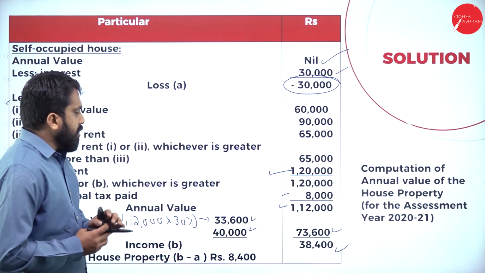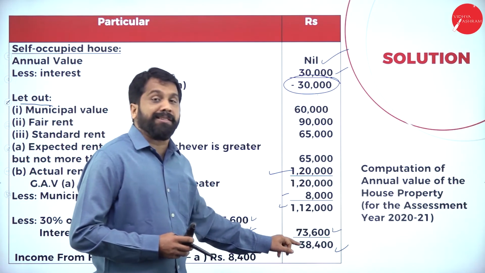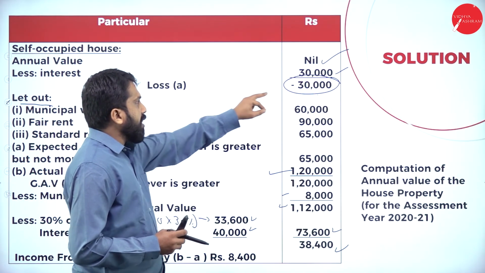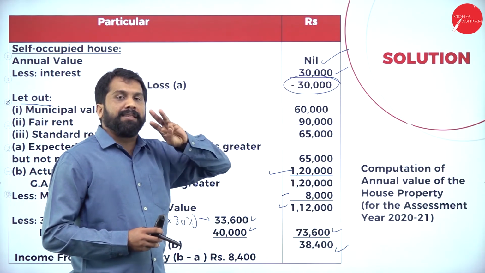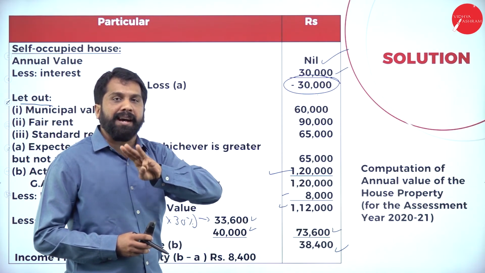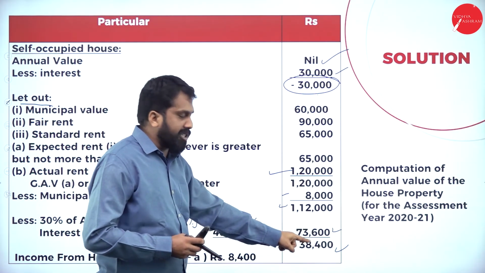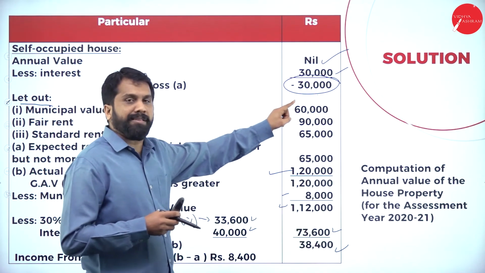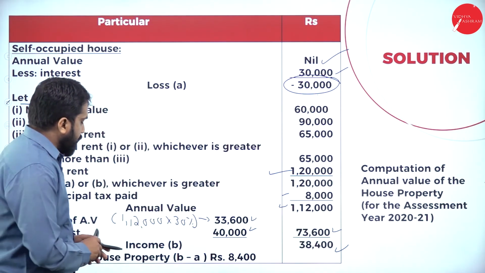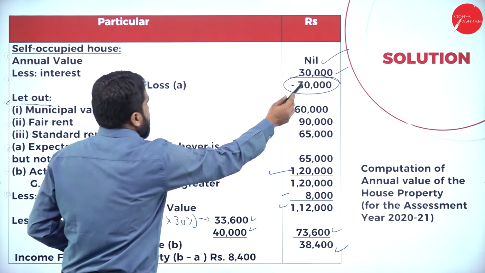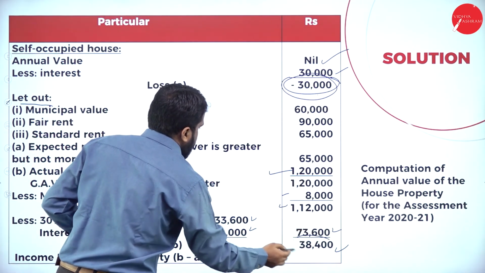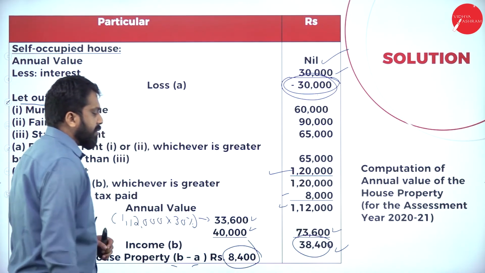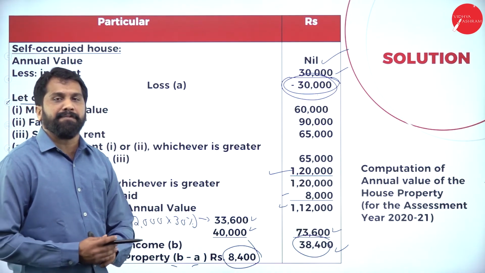Now, see, you are supposed to pay tax on 38,400. But from the first house, what is the loss you have? 30,000. So, that is the main advantage. How much are you supposed to pay? 38,400. How much are you under loss? 30,000. This is your A. This is your B. B minus A, you are supposed to pay tax only on 8,400.